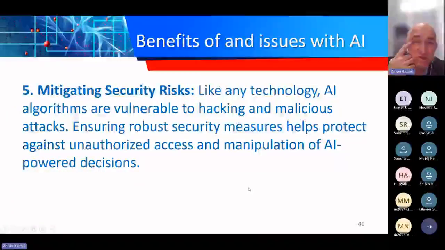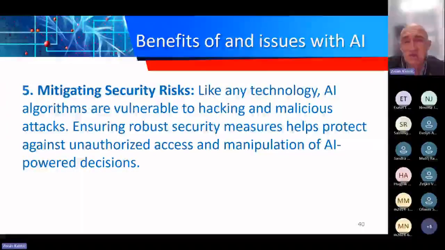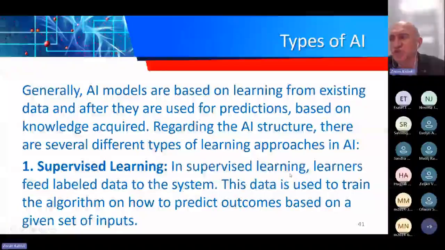Mitigating security risk means that we should protect our algorithm from hacking and malicious attacks, because there should be a very high level of security of your AI systems. Any attempt of unauthorized access or hacking, and changing or manipulating your data or your algorithm, can produce serious problems in the future application.